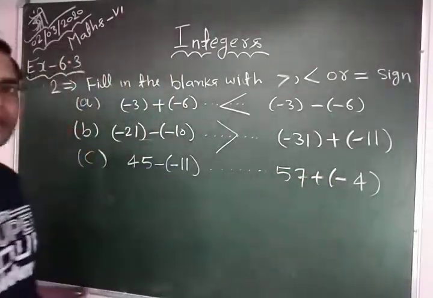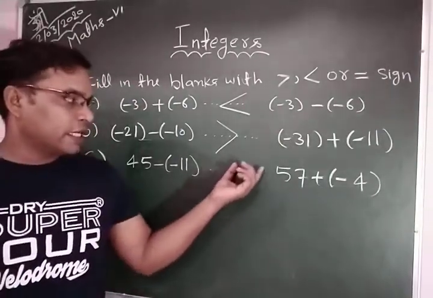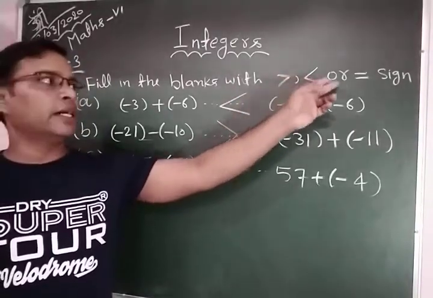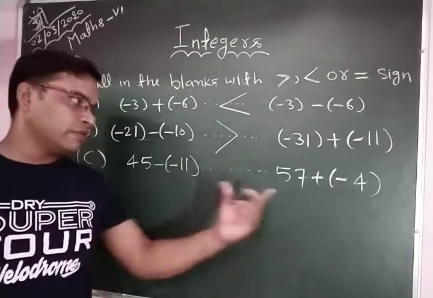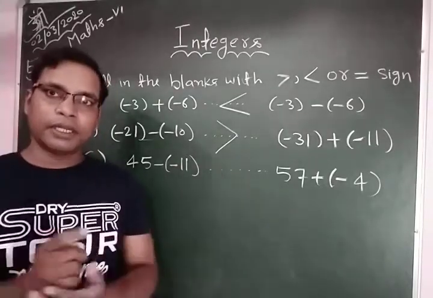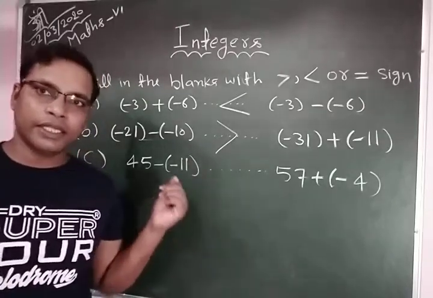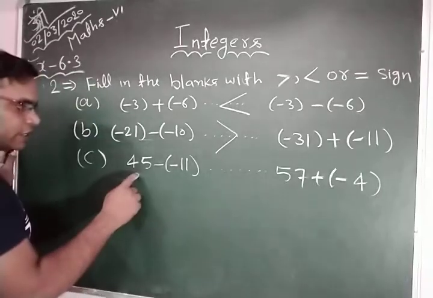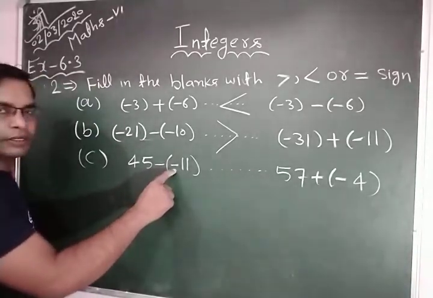Okay, so how do we take the decision whether to fill in the greater than symbol, less than symbol, or equal to symbol? First we solve one by one. After this we compare them and take the decision what to fill here. Okay, so here you can see this is 45 minus minus 11.